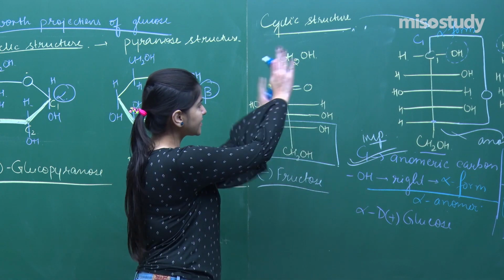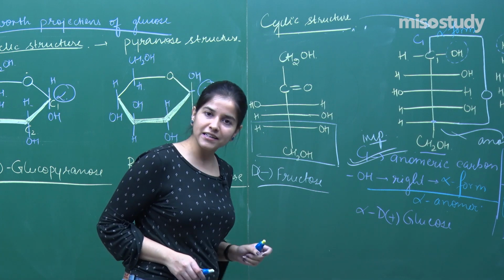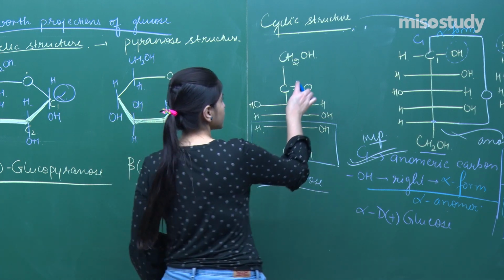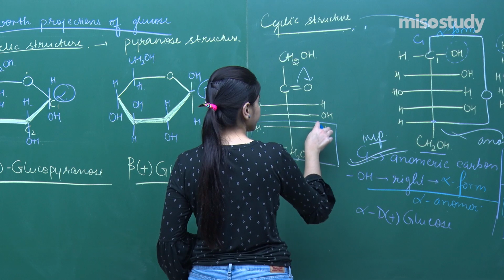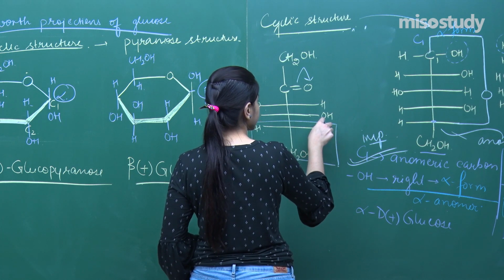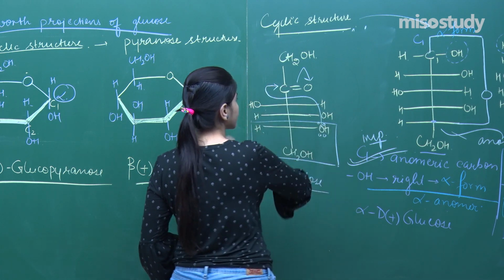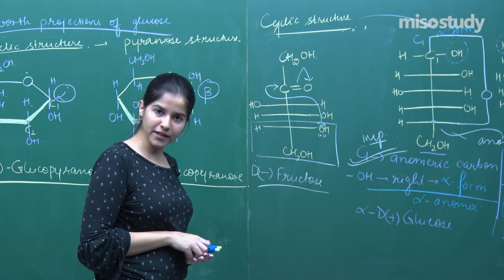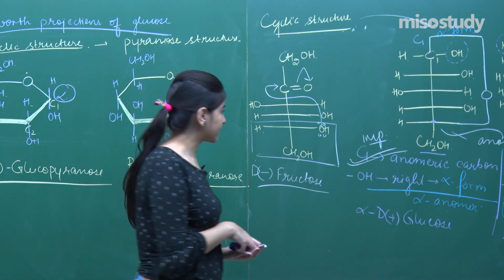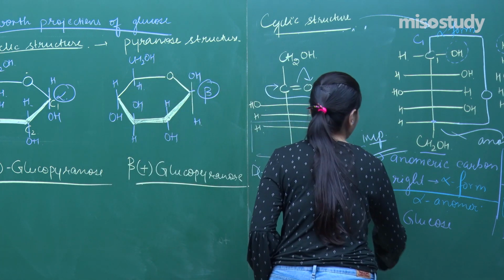Now, I need the cyclic structure of it. Again, let's join it. So, how can I join it? See here, it has got lone pairs, so I can connect it to this side. Fine. What do I get? See here. I am removing this off.